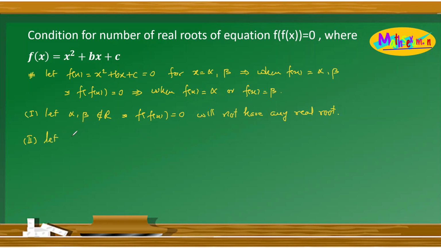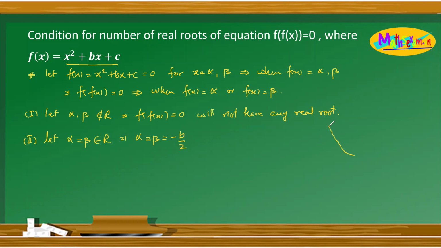Now the second possibility is if alpha and beta are real but equal roots. Let us say alpha is equal to beta, and they are both real numbers. So this implies the root has to correspond to the x coordinate of the vertex, which is minus b by 2.